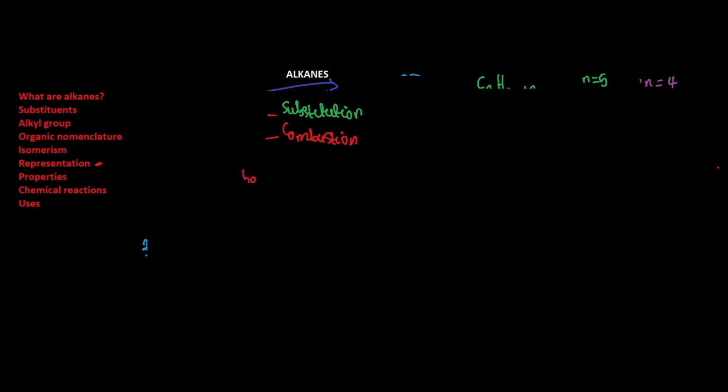So for substitution, we would be looking at substitution using halogens, or halogen substitution. Now given an alkane like methane with the formula CH4, substitution is basically removing a hydrogen atom and replacing it with a halogen atom.